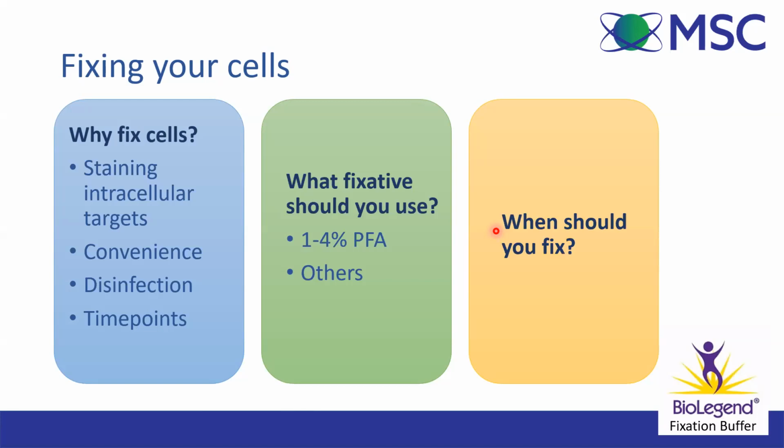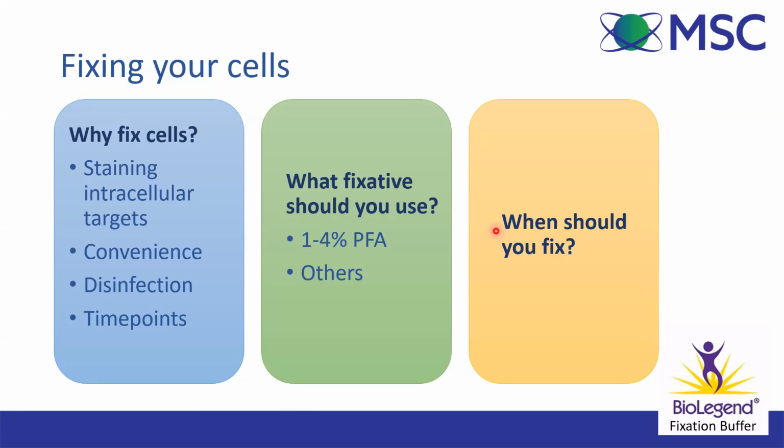Another big question is when should you fix? And by this I mean, should you fix your cells before you stain your extracellular markers or afterwards? The answer to this is there is no single answer, and it depends on your experiment. For example, if you're looking at the phosphorylation of an internal protein, you might want to fix before you stain your extracellular markers.